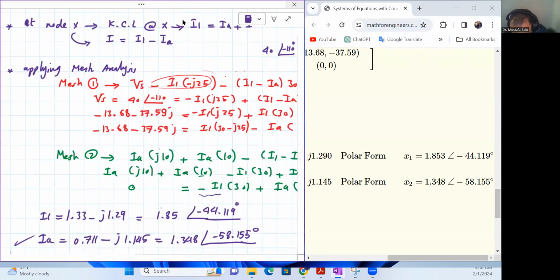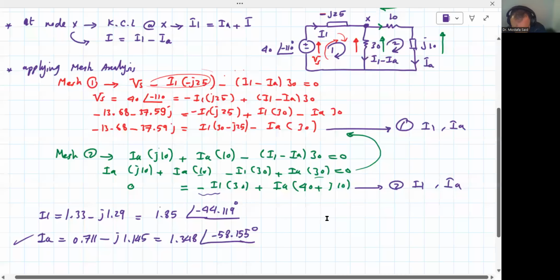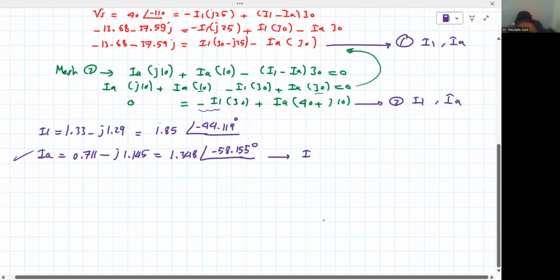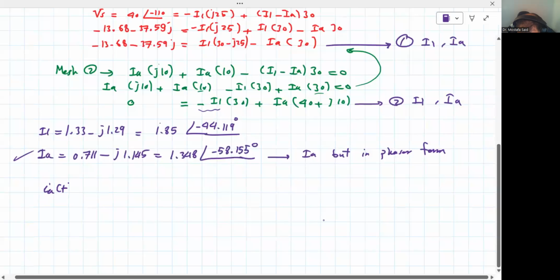That's IA in phasor form. Let's now go back to our normal screen. Now let's bring it back to the time domain. In the time domain it will be IA of t, which we write in small letters. That will be the amplitude of the cosine.